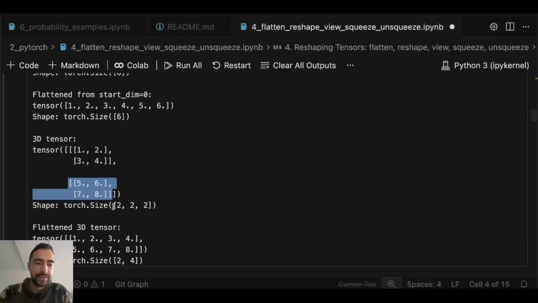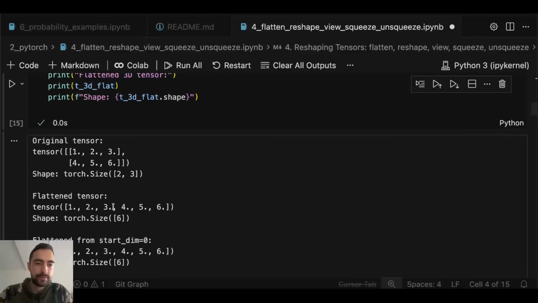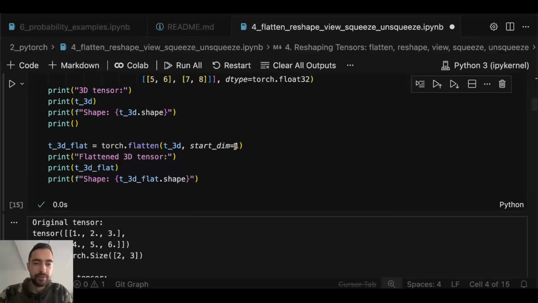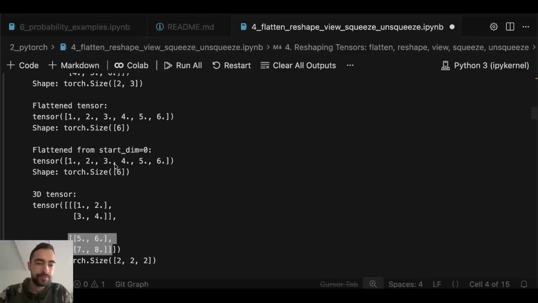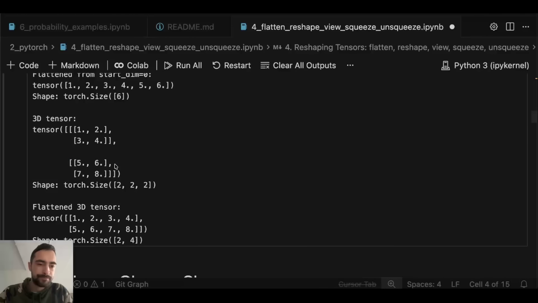So if I say flatten, but start dimension is equal to 1, we will actually preserve dimension 0. We will preserve dimension 0, and we will start flattening from dimension 1. So what that means is we will not have one big single array.